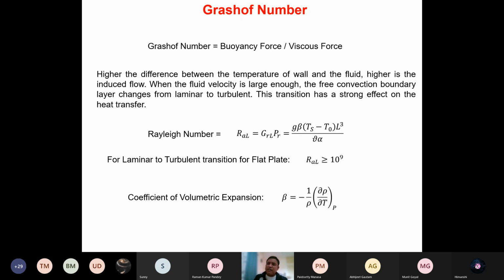In such cases, beta is obtained as 1 by absolute temperature. For an ideal gas, beta is given as 1 by T, which gives you the coefficient of volume expansion directly. But of course, this is true only for an ideal gas. Is it clear to everyone?